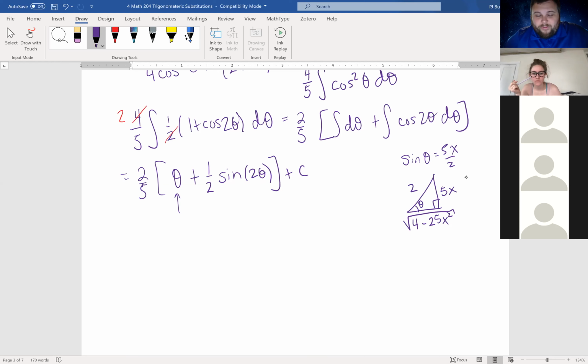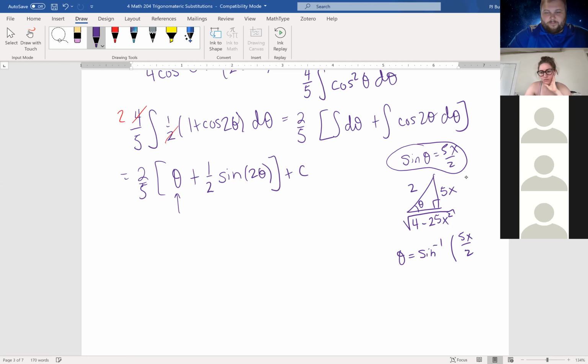This is the only time that you may use an inverse trig function. So for theta, we've come up with the idea that sine of theta is equal to 5x over 2. We can solve that for theta. That is the inverse sine of 5x over 2.